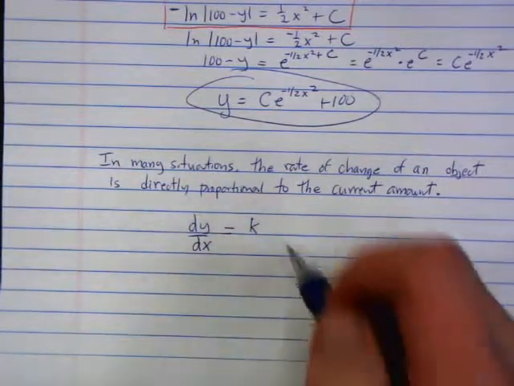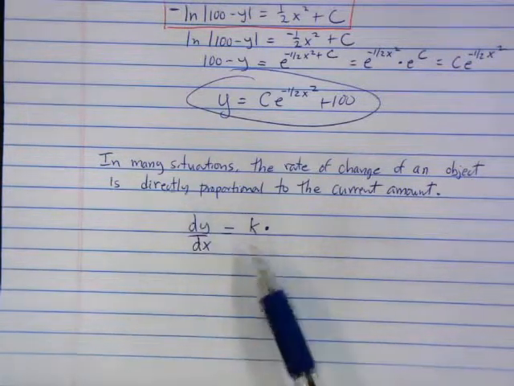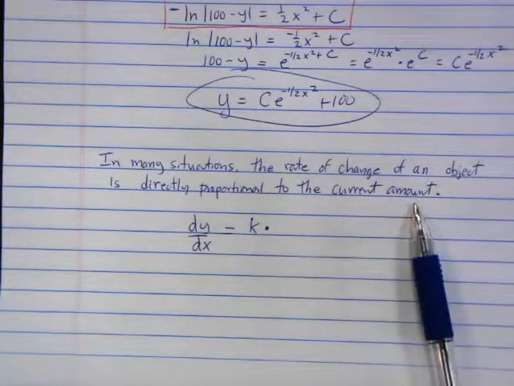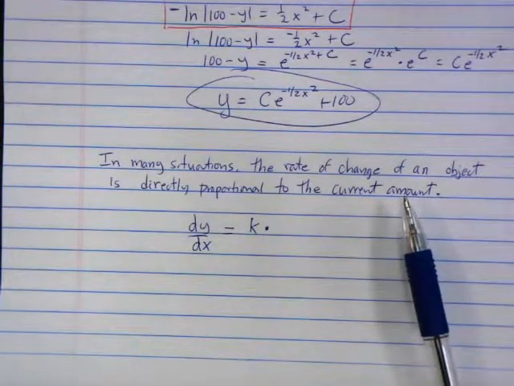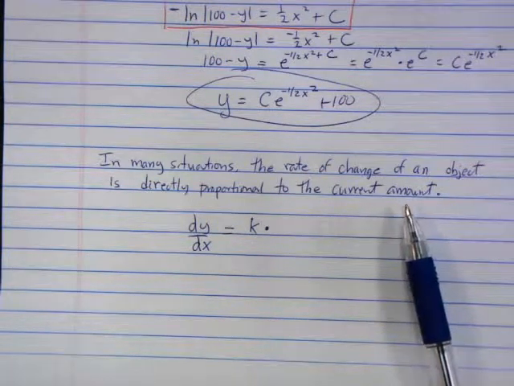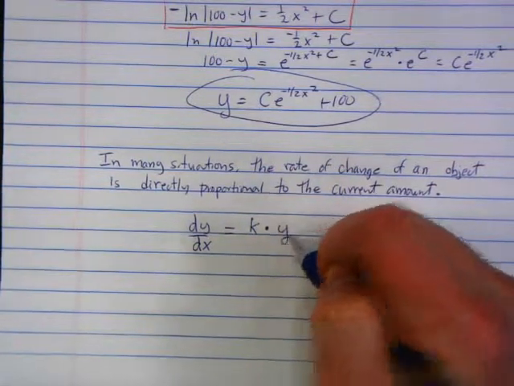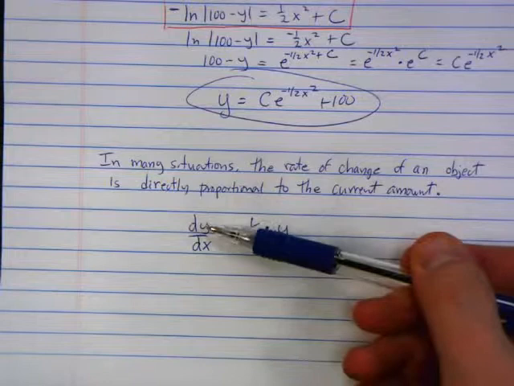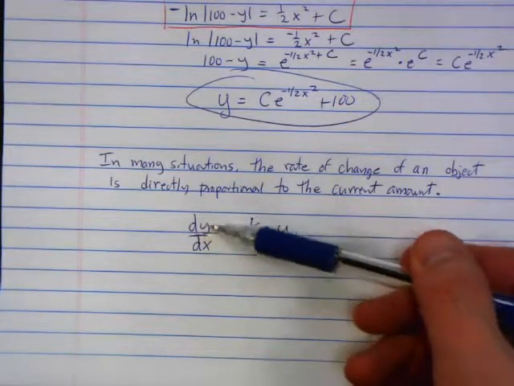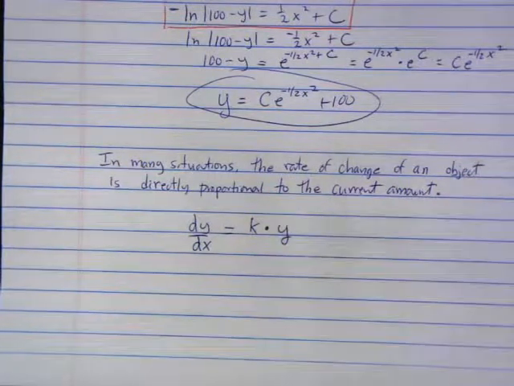Directly proportional means it's k times something, where inversely proportional would mean it's k divided by something. So it's directly proportional, it's k times something, the current amount. What's our current amount? Our current amount is y, because we said we're using dy dx. So y is the amount that's changing, dy is our change, so y is the current amount.